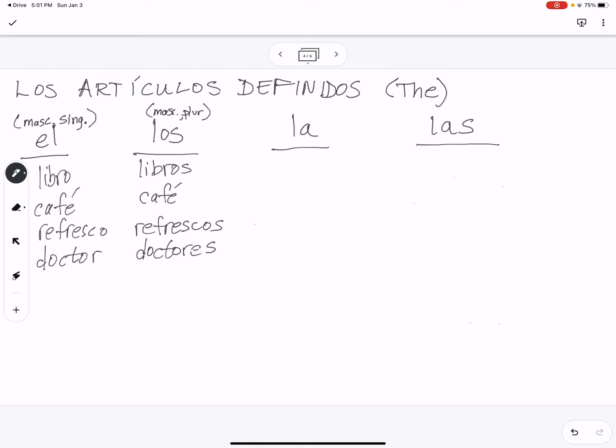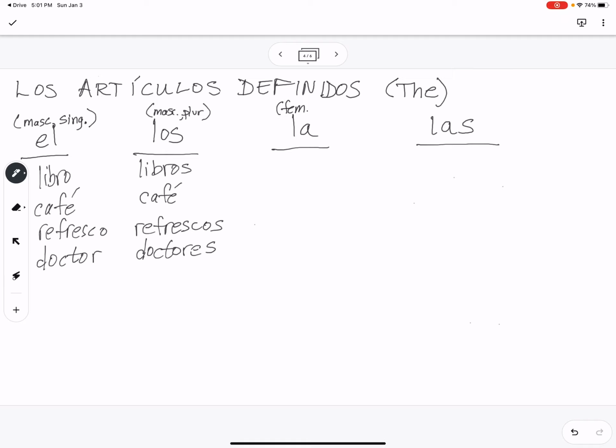So we go over to the right a little bit more, and we have la, and we have las. Again, both of which mean "the." So, like over here, where el, we said, was masculine, la is feminine.